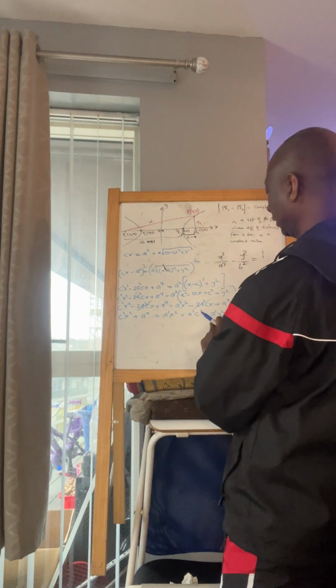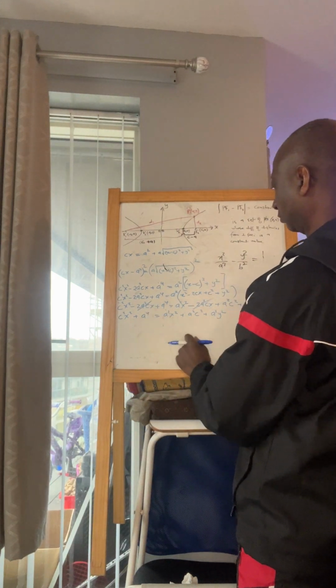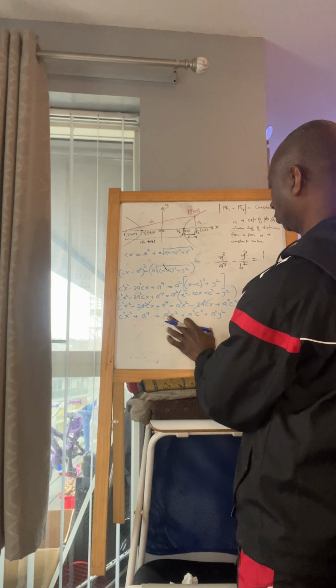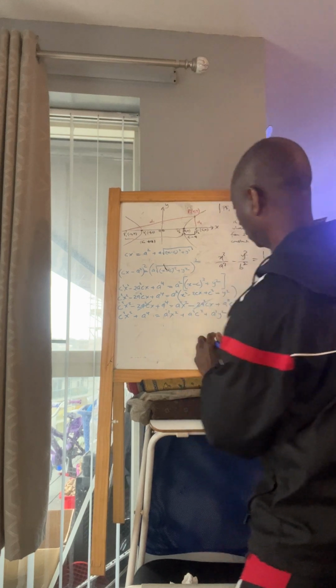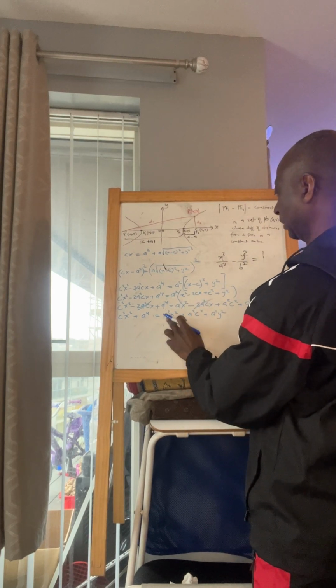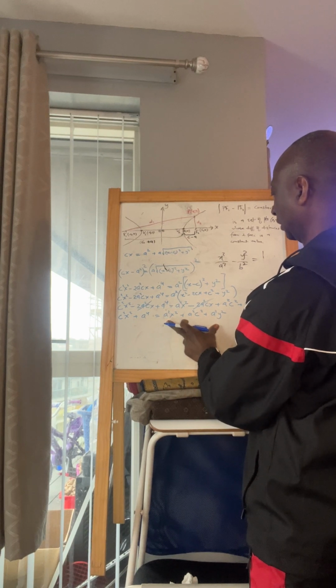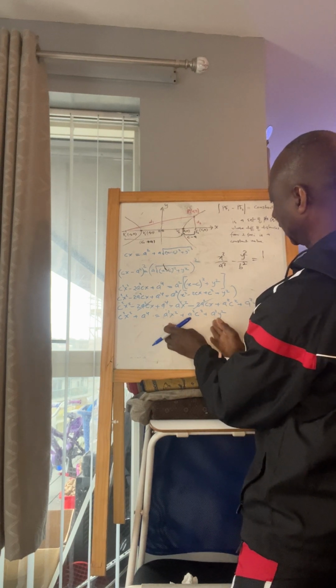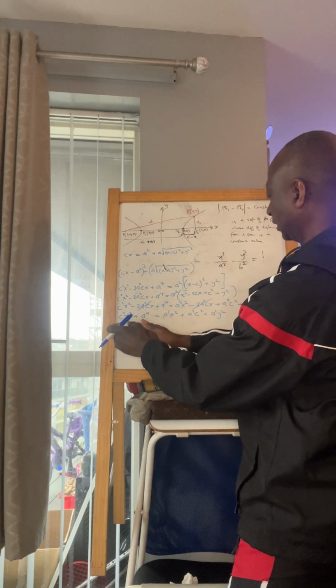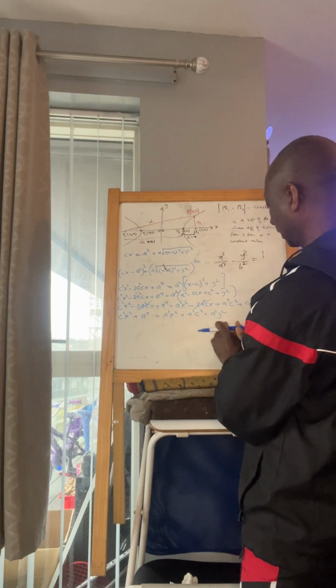So let me try to bring things in one place. This is a squared. I want to bring this one here on the left hand side and leave this on the right hand side.